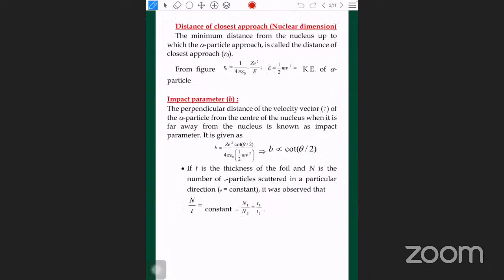Come to the next very important concept: the distance of closest approach and the meaning of the impact parameter. If I consider an atom, let us say this is the atom. What is the central part of the atom called?